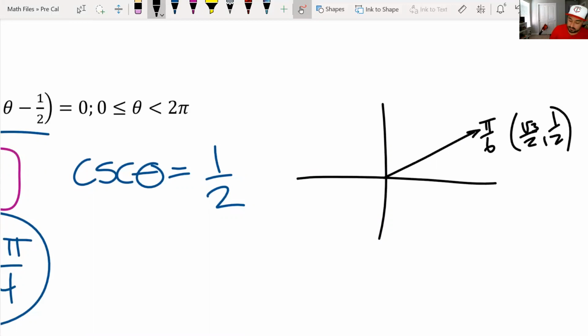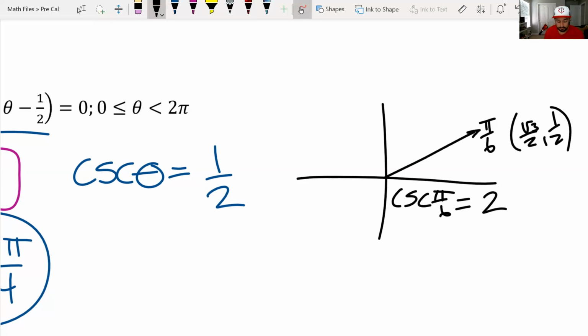So cosecant is the reciprocal of sine. This means cosecant at pi over 6 would be the reciprocal of that 1/2, which means it would be 2. Which tells us that nowhere on the unit circle is cosecant ever going to be 1/2.